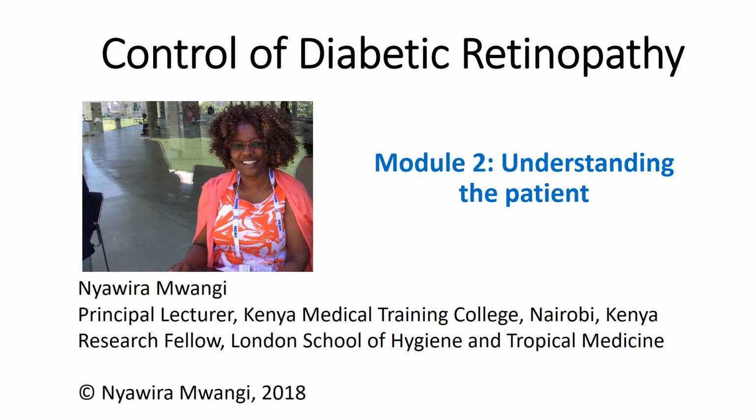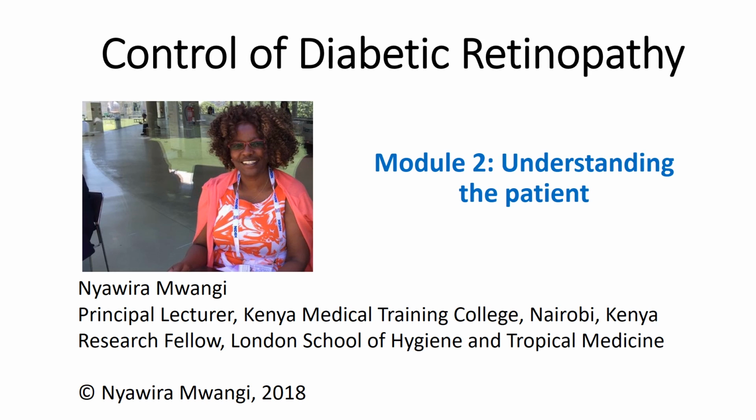In this second module, we will focus on understanding the patient. This is the patient who is living with diabetes and who is also at risk of diabetic retinopathy or already has diabetic retinopathy. In addition, the patient may also have visual impairment from diabetic retinopathy.